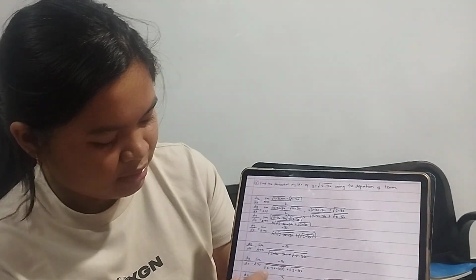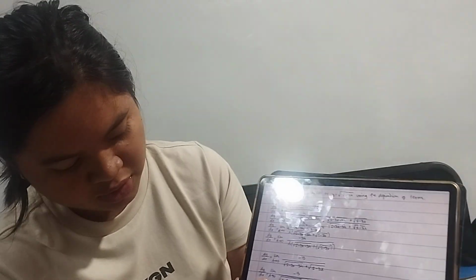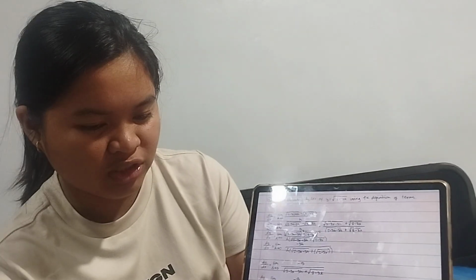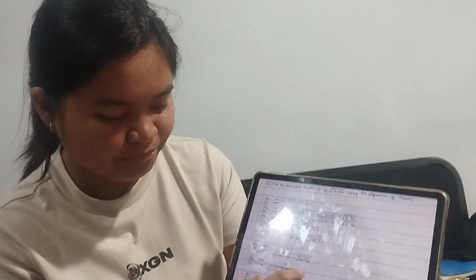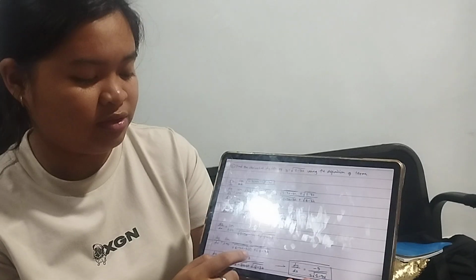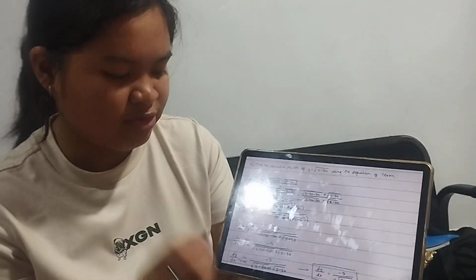And then since it was stated as limit as h approaches 0, the h was substituted by 0.